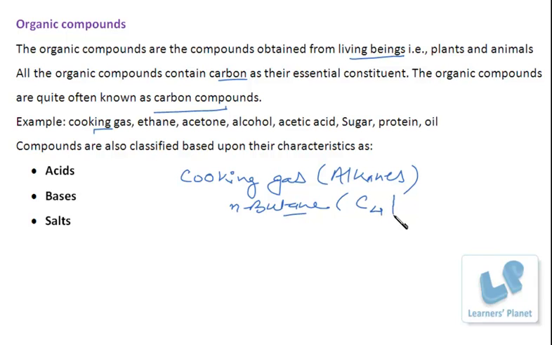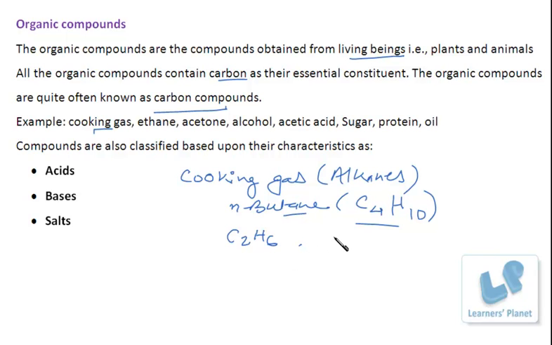This is C4H10, butane. Carbon is there. Ethane is C2H6. For you, there's no need to remember these formulae. I'm just telling so that you can know how carbon is present there. In all the organic compounds, the carbon is present.